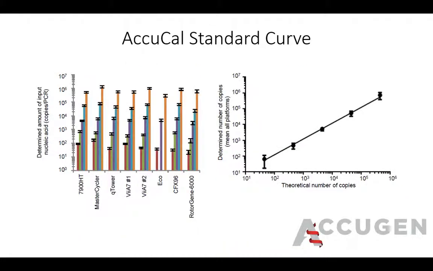Here in this slide, we will discuss Accugen's consistency. We aim to design a method that can reduce discrepancies between different labs. So we have tested against a range of machines and master mixes from independent laboratories. In the trial, we gave the labs Accugen and lambda DNA of known concentrations. You can see here the results are fairly similar between different machines and master mixes.